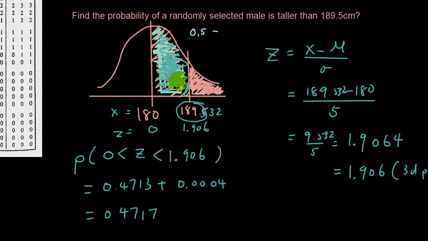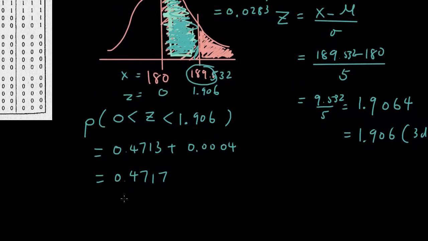But remember, what we're actually looking for is this probability. So we're going to go 0.5, which is this whole section here. That's 0.5. So 0.5 minus 0.4717. And the answer is 0.0283. So let's write that down.